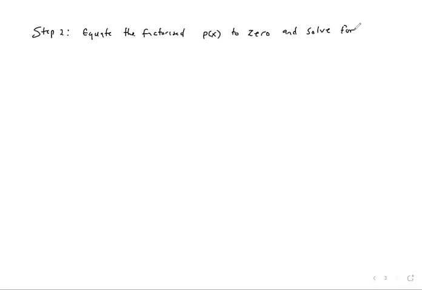Okay, so to equate and then solve for x-intercepts. So what it means is that you now get the p(x) and equate it to 0 in its factorized form, which is x plus 1 times x squared plus x minus 1 is equal to 0.